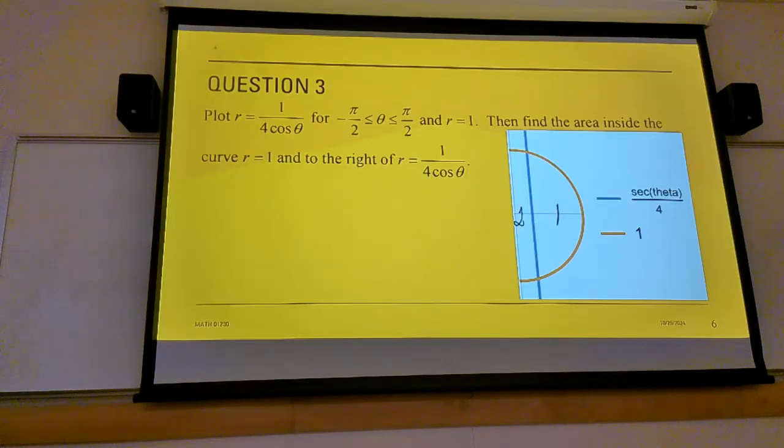Now we have to describe it. Secant theta over 4 is less than or equal to r less than or equal to 1.